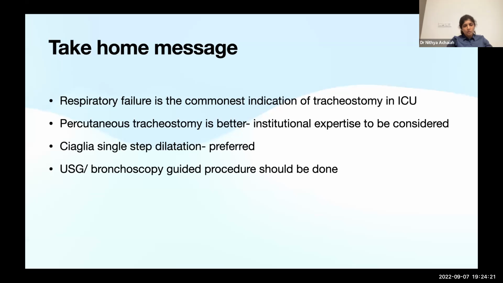To summarize my talk, respiratory failure is the commonest indication of tracheostomy in the ICU. Percutaneous tracheostomy is better, but institutional preference and expertise of the person doing the tracheostomy should also be considered. Ciaglia single step dilatation is preferred nowadays, but different methods can be used.